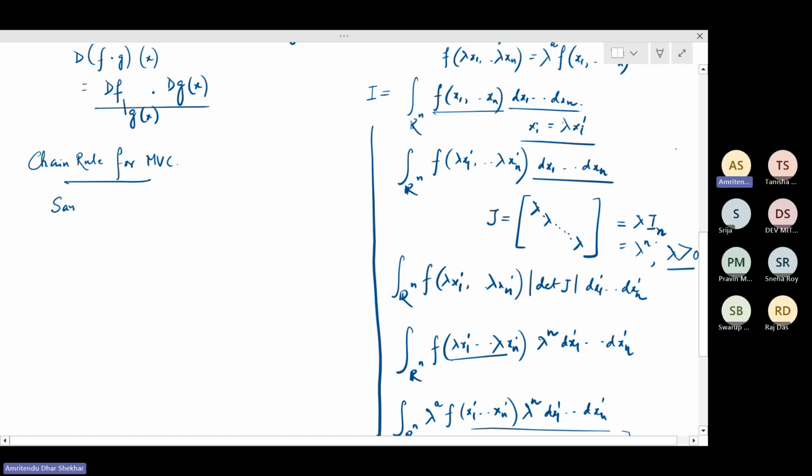Say f is a function from u to some R to the power m, and g is a function from R to the power m to R to the power n. Then if I consider the composition of the two functions, g composed with f, of course with an appropriate choice of domain, this will be a map from u to R to the power n.